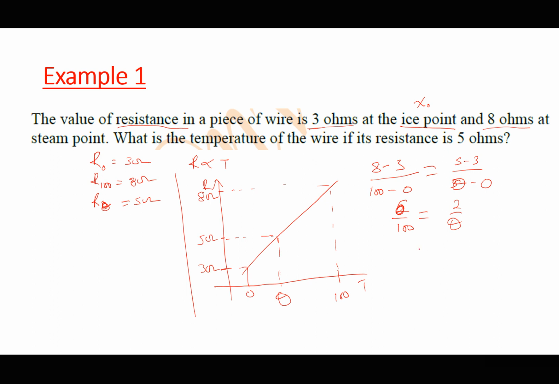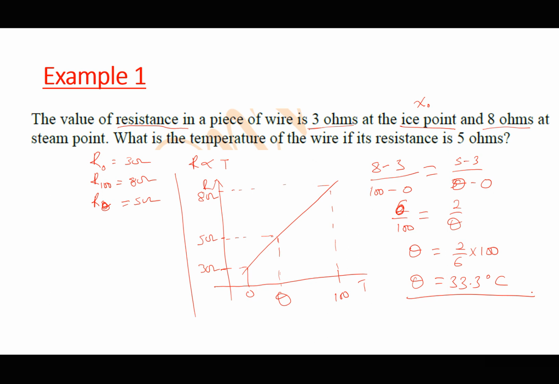Cross multiply, that means theta is going to be 2 over 5 times 100, that is 200 divided by 5. That means our temperature theta is going to be 40 degrees Celsius. So the temperature corresponding to 5 ohms is approximately 40 degrees Celsius.